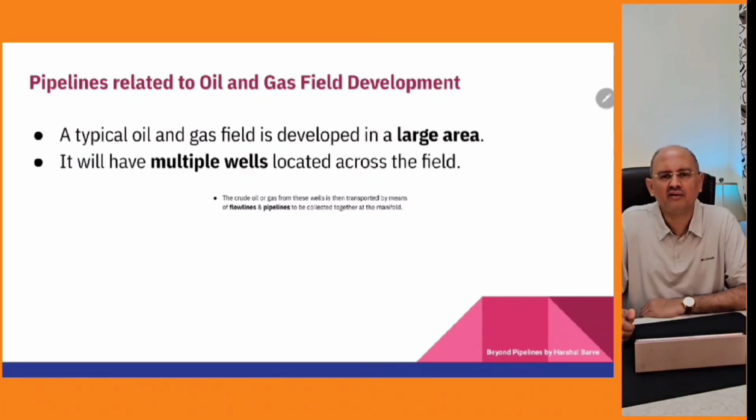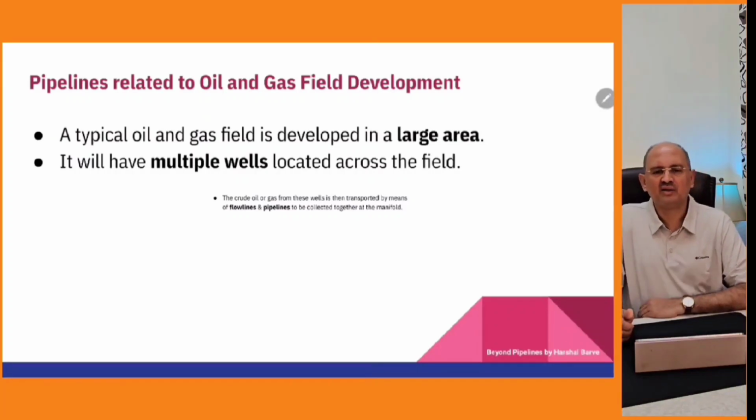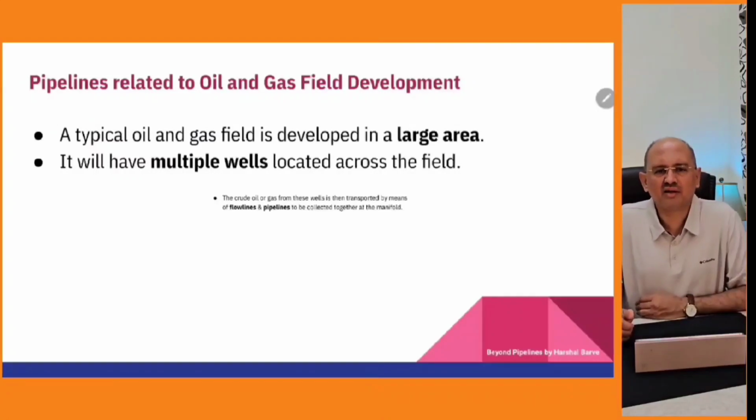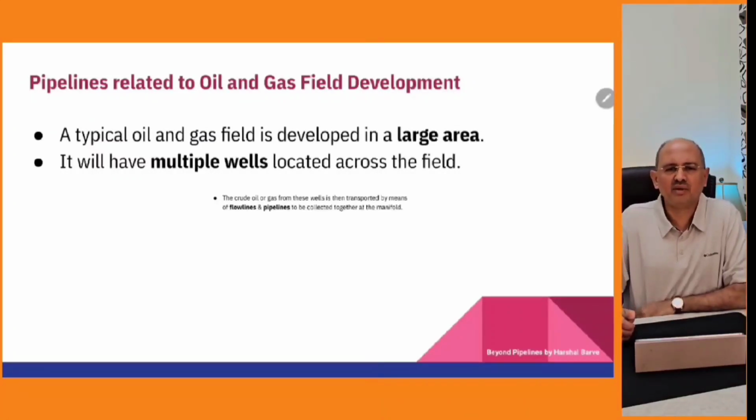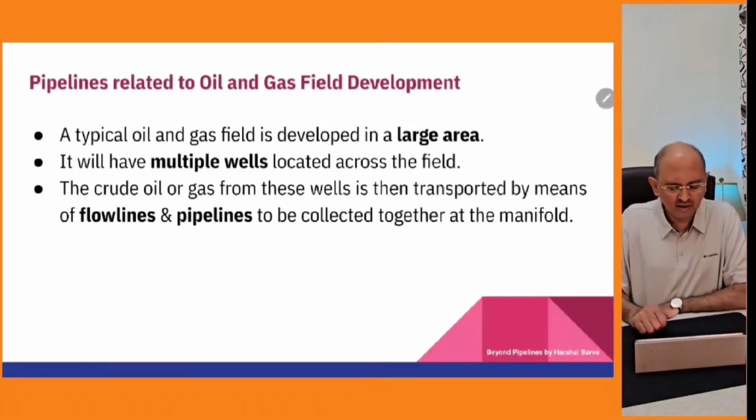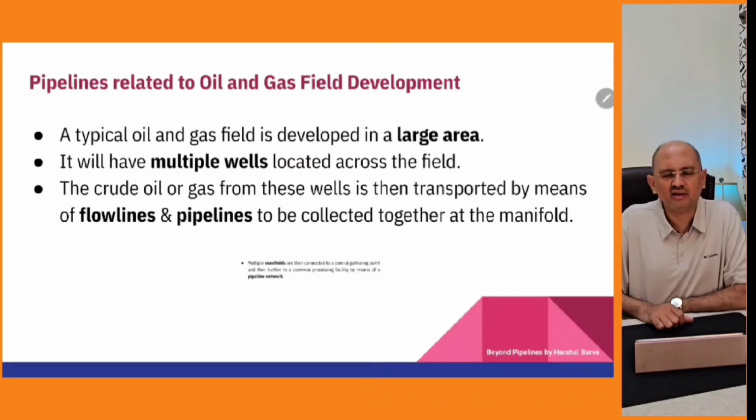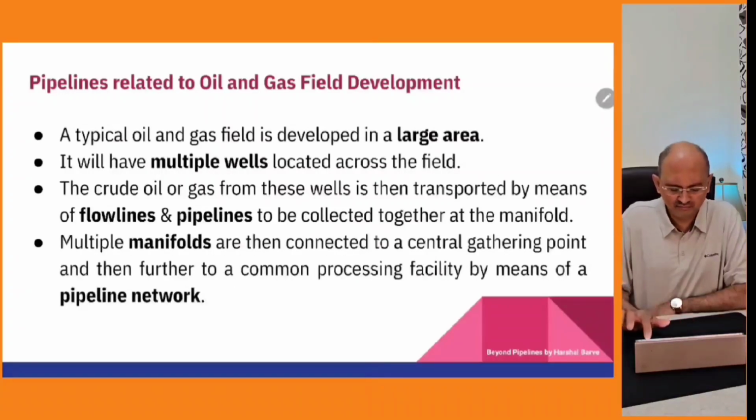The early initial wells are normally called the early production scheme, EPS, and based on that performance, the field will be further developed. The investment will be increased, so the number of wells may increase per stage. The crude oil from these wells will be transported by means of pipelines and flow lines to the treatment facility, from which the further export can take place.